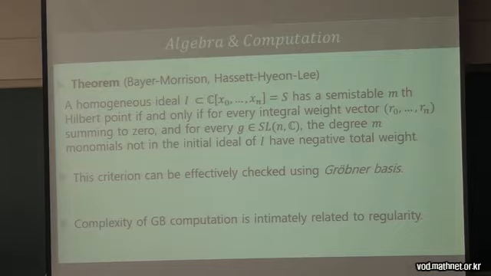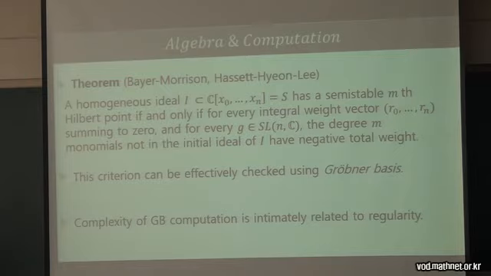And it's GIT semi-stable if and only if for every integral weight vector summing to 0, and for every g, every linear coordinate, this is m plus 1 by the way, the degree m monomials not in the initial ideal have negative total weight. It's a mouthful, but it's a very simple condition to check.